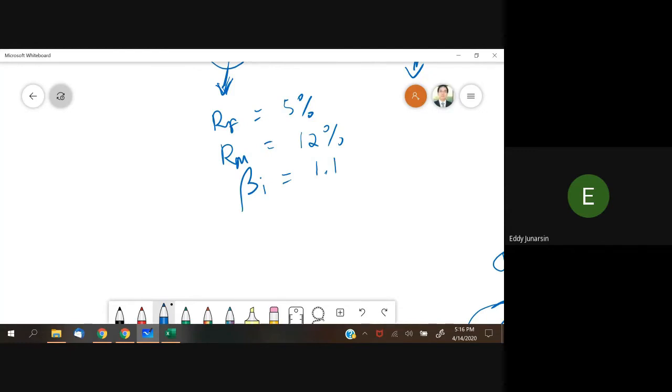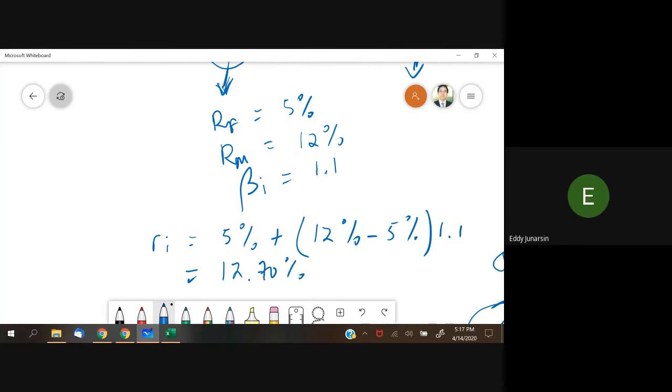Okay, so we put it into the capital asset pricing model. It will be 5% plus 12 minus 5, multiplied by 1.1. So what is it? 12.7%.